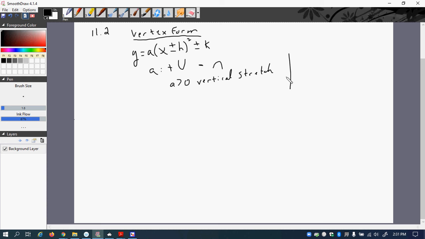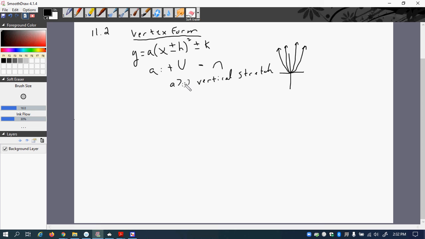That just means that instead of going its normal way, the parabola would climb quicker.